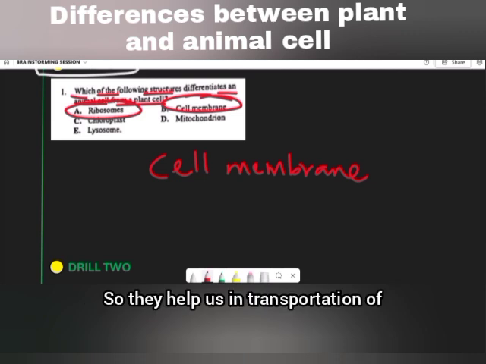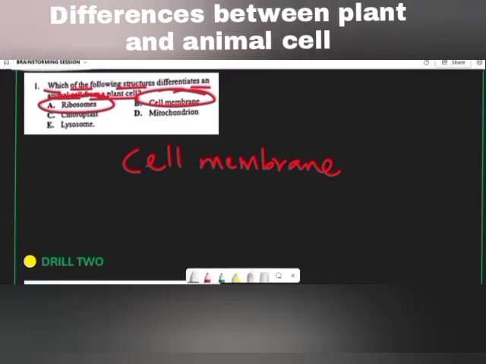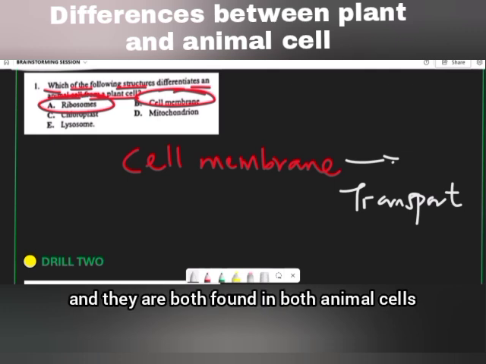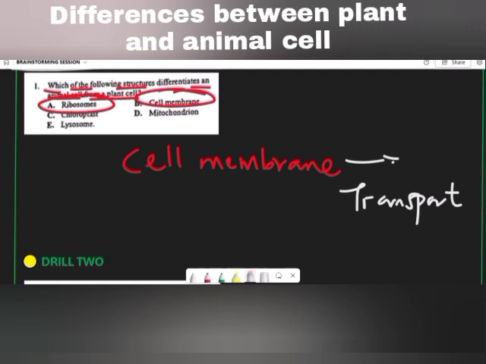So they help us in the transportation of materials. That's the essence of our cell membrane, and it is found in both animal cells and plant cells.